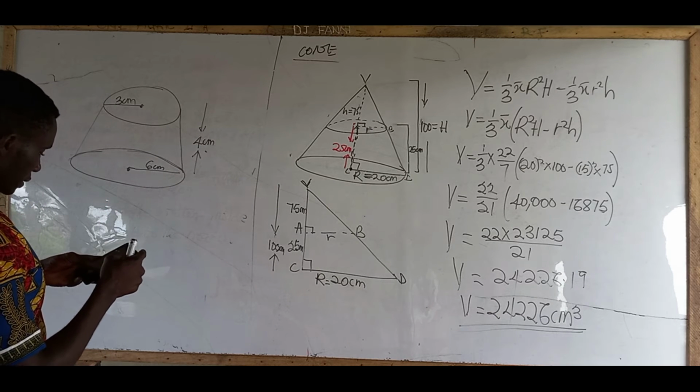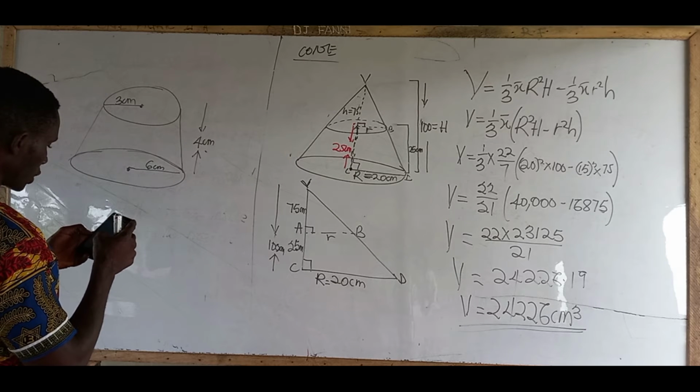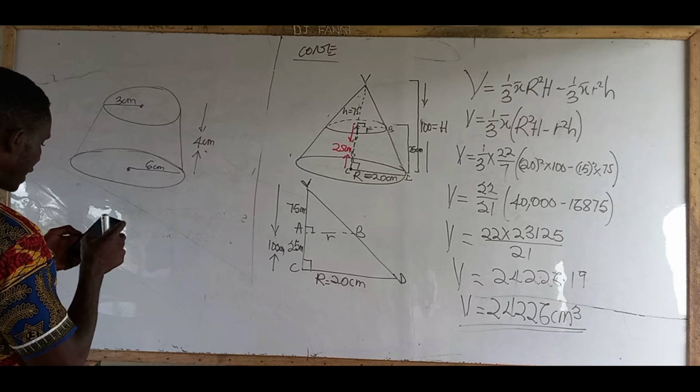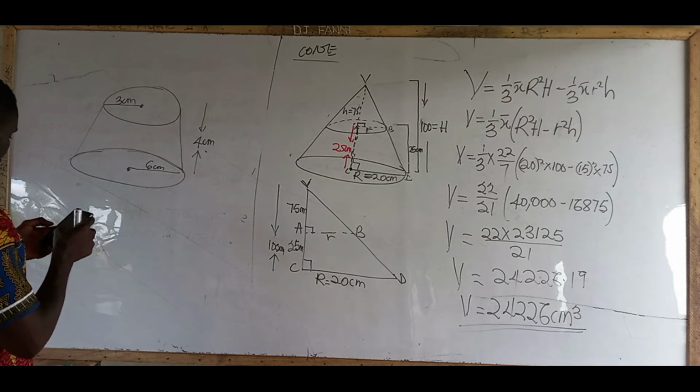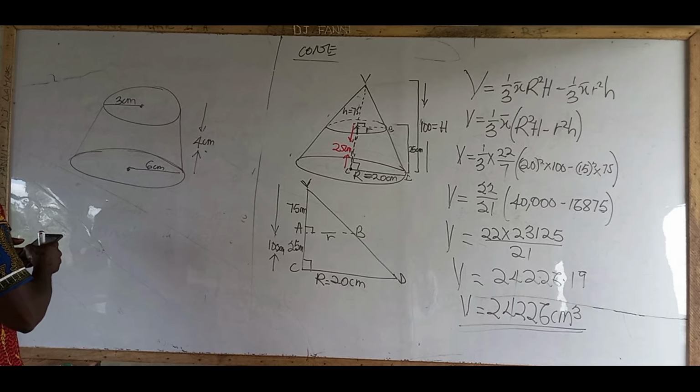The question says that the figure shows a cone whose upper part has been cut off. The base radius is 6 centimeters and the upper radius is 3 centimeters. If the height of the remaining portion is 4 centimeters, calculate, correct to the nearest whole number, the volume of the original cone and the volume of the remaining portion.